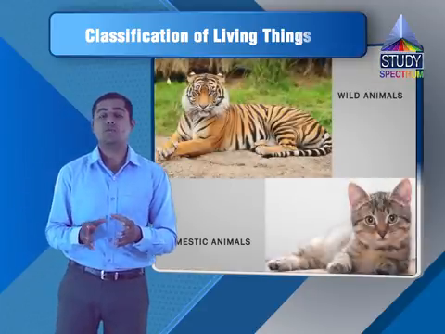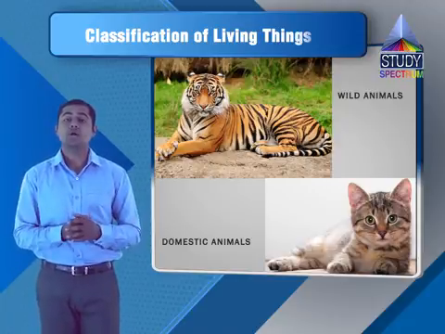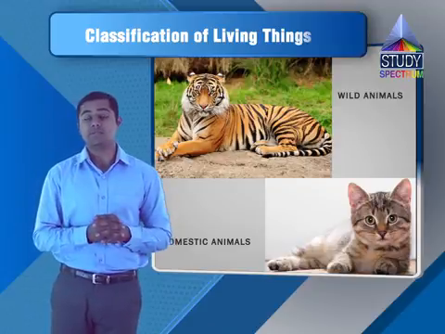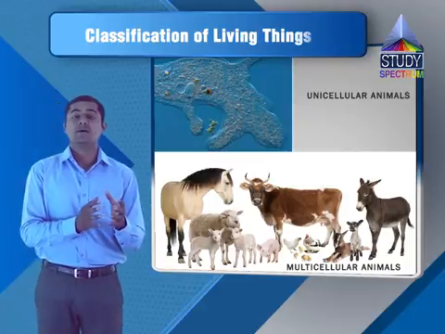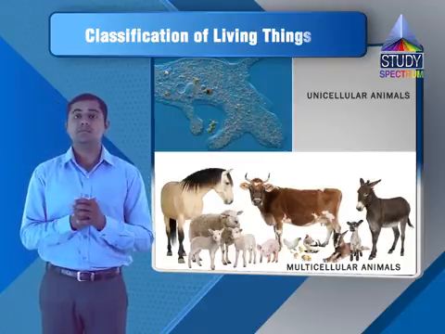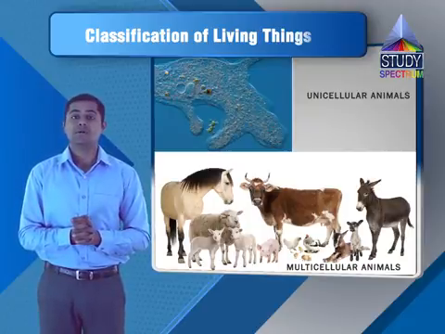On the basis of whether that animal can be in our house as a pet or not, we can classify the animals into domestic and wild animals. On the basis of how many cells an animal is made up of, we can classify the animals into unicellular animal and multicellular animal.